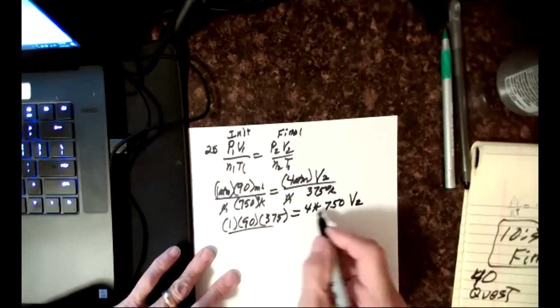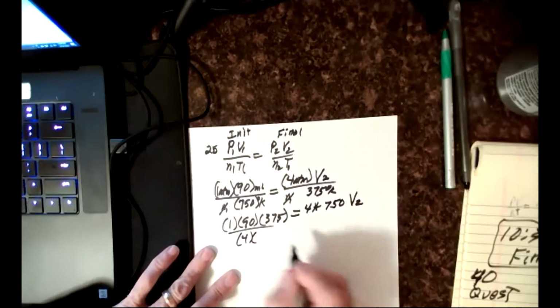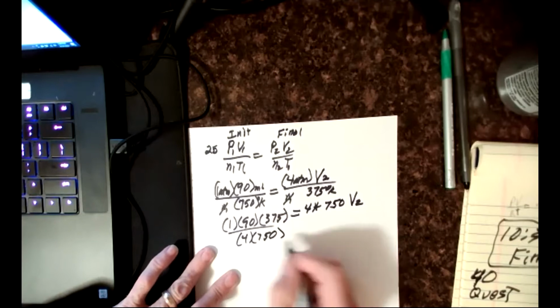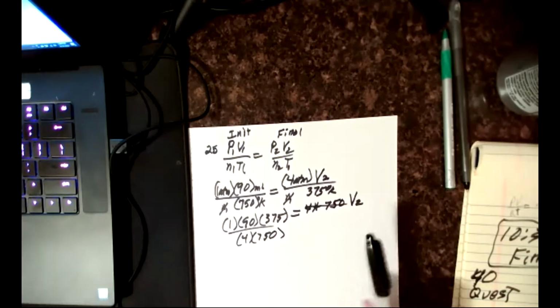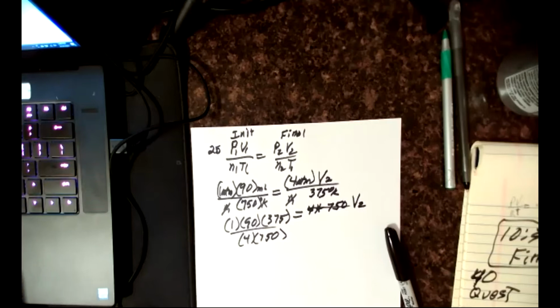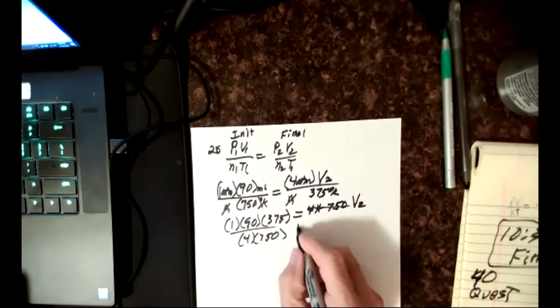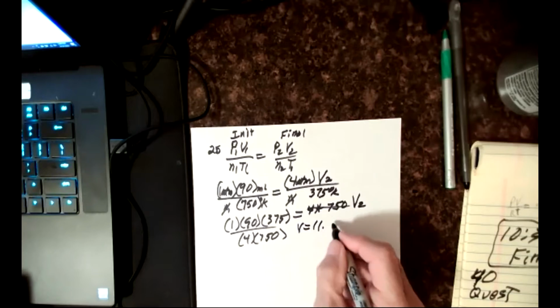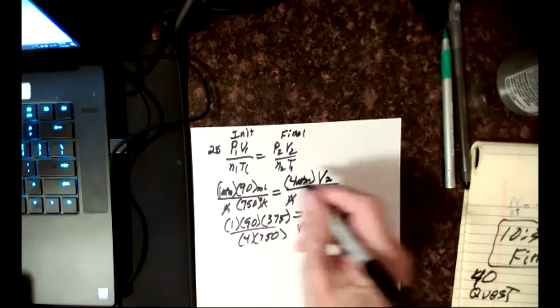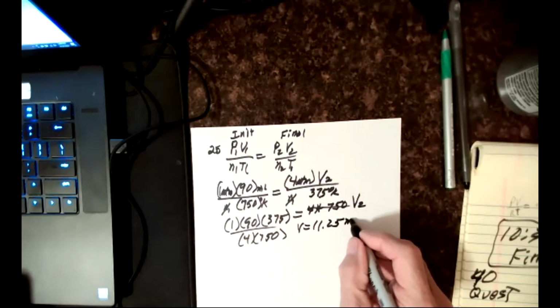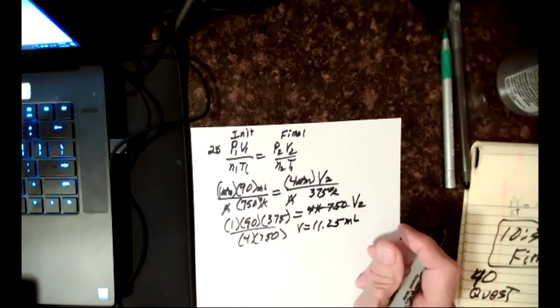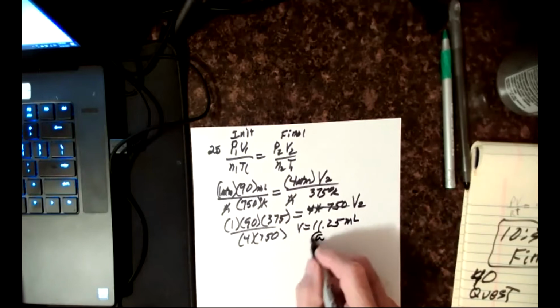So divide both sides through by 4 times 750, and V2 would be 90 times 375 divided by 4 and divided by 750. And I am coming up with V2 equals 11.25, in the same units that this was, so that'll be milliliters. And that's response A.